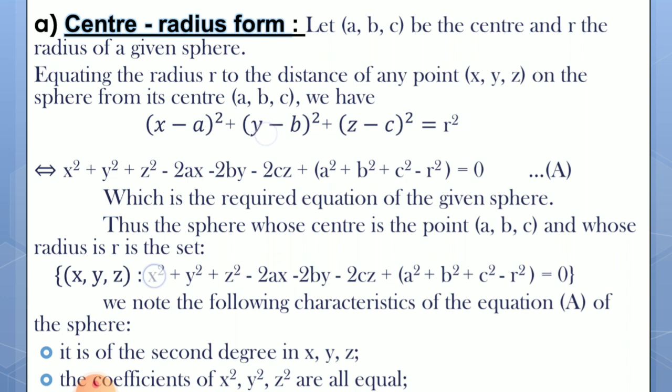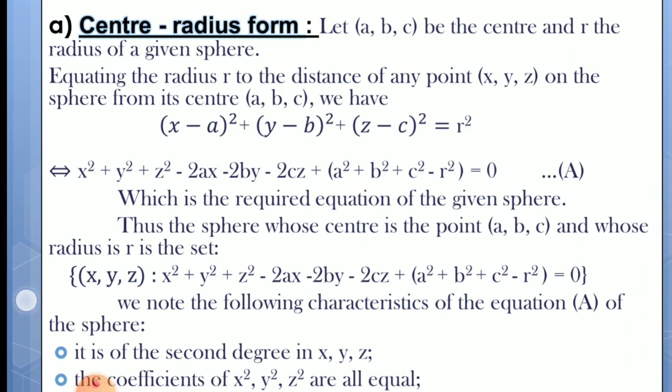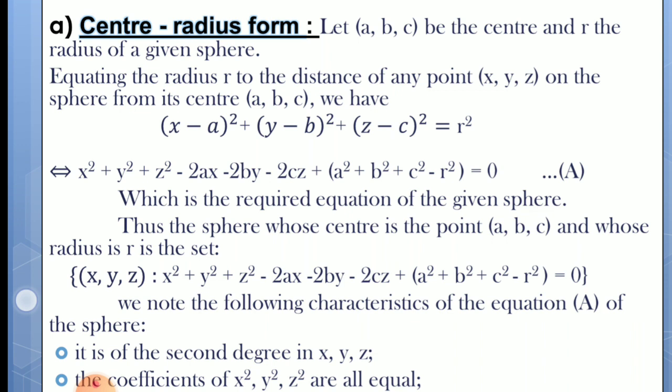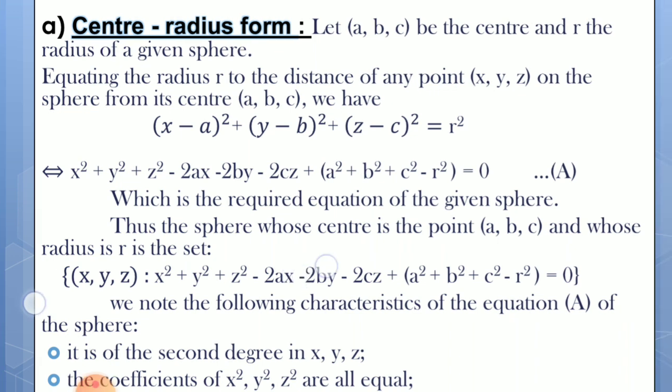We shall consider this equation. Thus the sphere whose center is at the point (a, b, c) and whose radius is r is the set of (x, y, z) such that x square plus y square plus z square minus 2ax minus 2by minus 2cz plus a square plus b square plus c square minus r square is equal to 0.